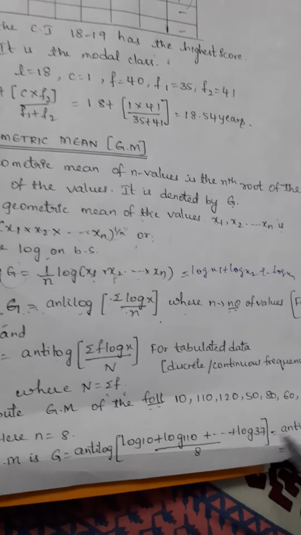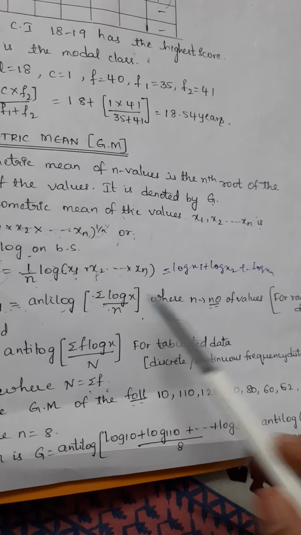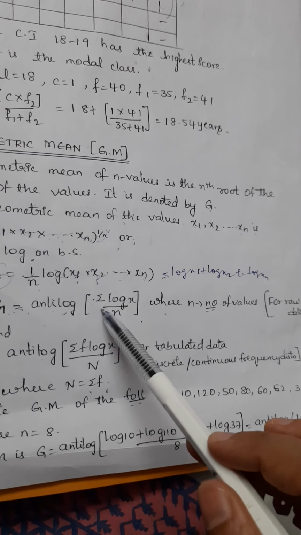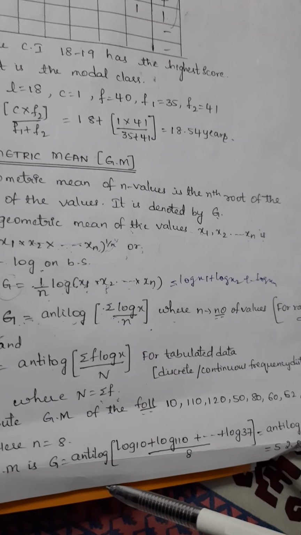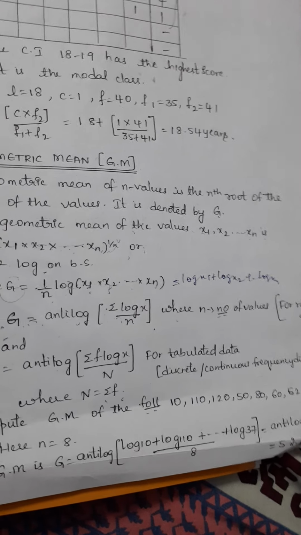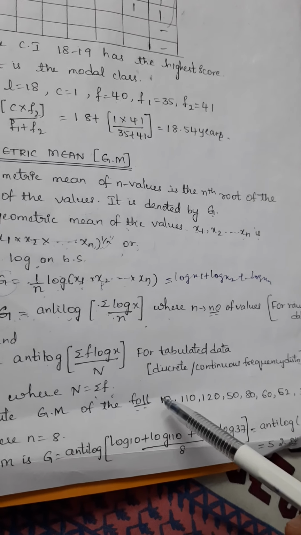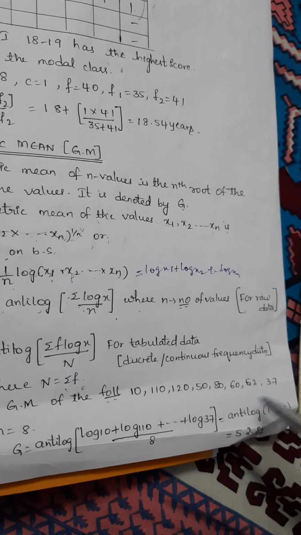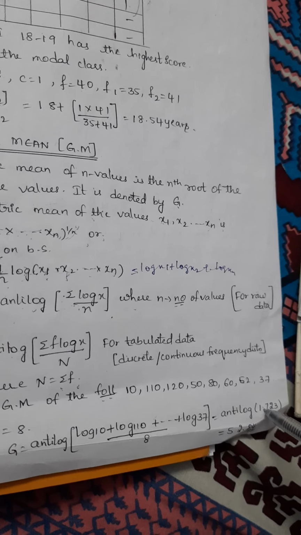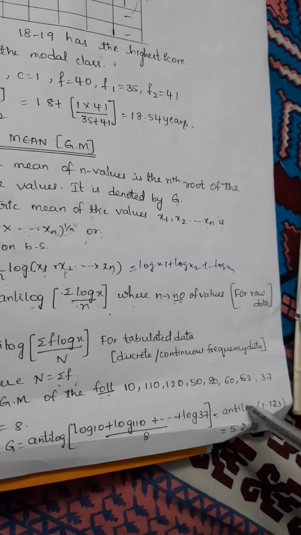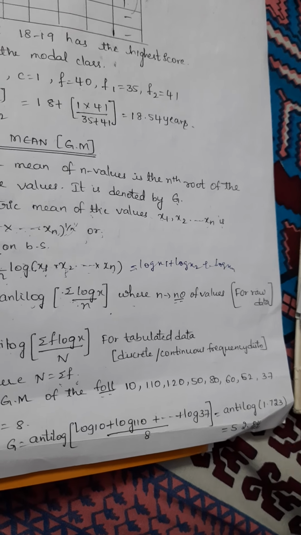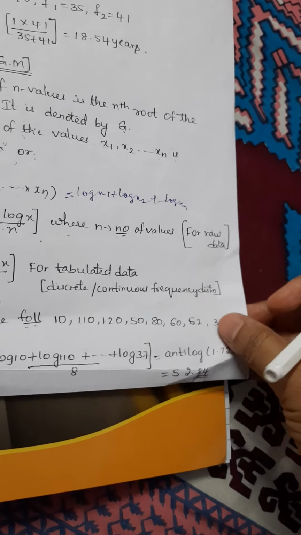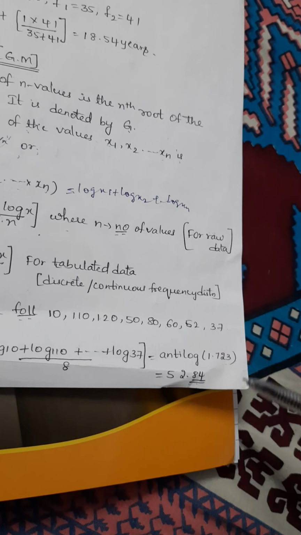So when I got summation of log x values, I should substitute in the formula. It will be anti-log of summation of log x, which is 13.7851, divided by n. We have 1, 2, 3, 4, 5, 6, 7, 8 values, so divided by 8. I'll get it as 1.723, anti-log of 1.723. Then I need to calculate anti-log of 1.723. My answer will be 52.84.